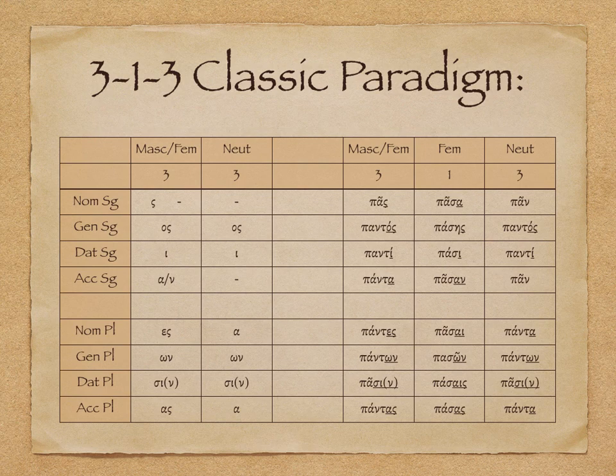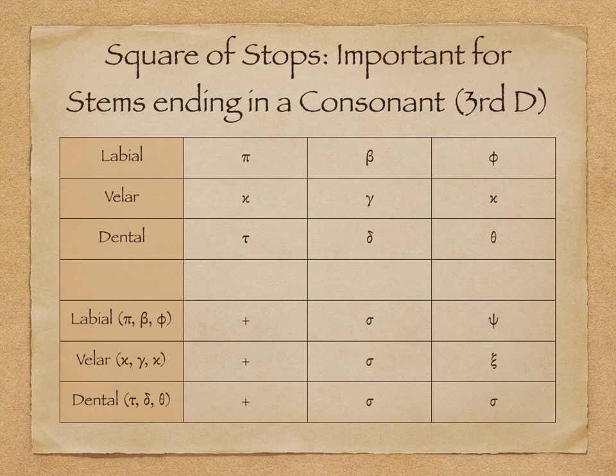We'll see a couple of more paradigms here in just a moment, but let's think about what Mounce helpfully notes here and traces out for us: the importance of what's called the square of stops. This is important for stems ending in a consonant, which is the third declension. And there are, according to speech pathologists especially, various ways of organizing sounds that we make, according to labials, velars, or dentals.